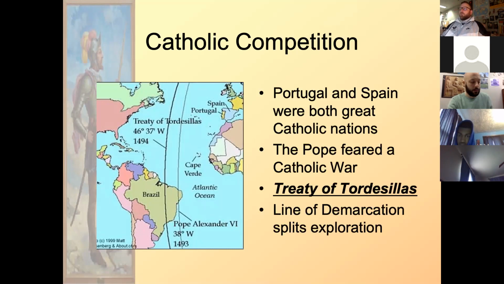And so the Pope jumped in, and at a town called Tordesillas, which looks like tortillas or tortellini put together, that's the easiest way to remember, there the Pope put what's called a line of demarcation, okay?